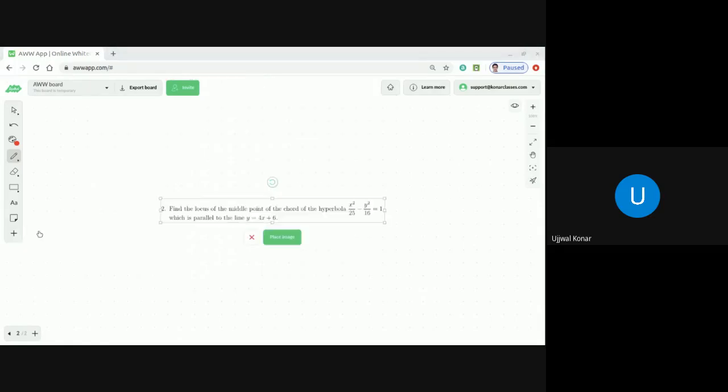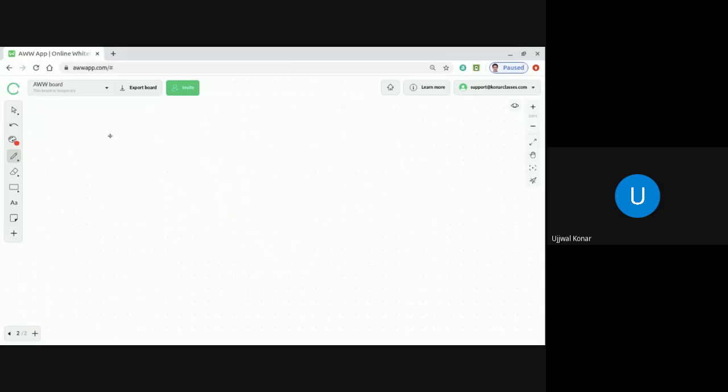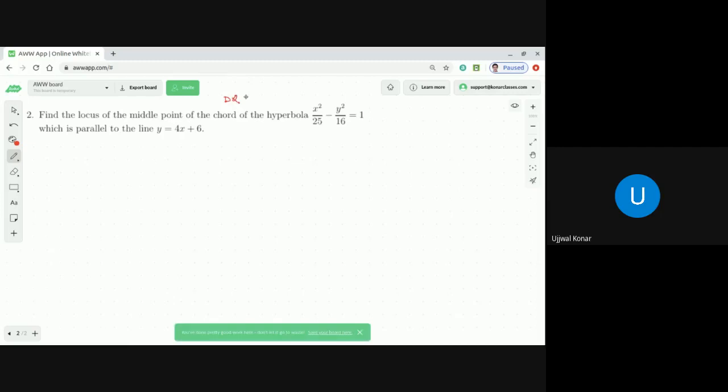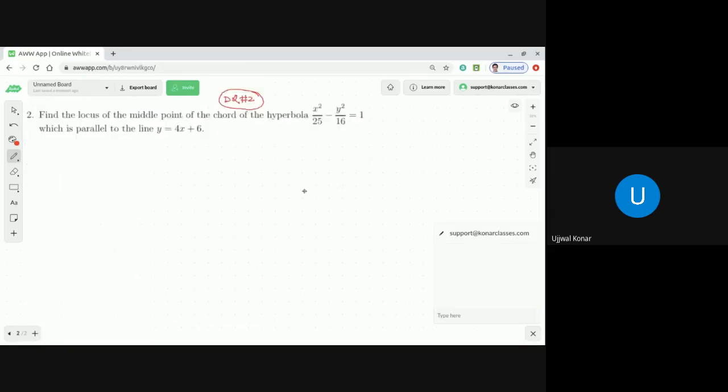The next question will be available to you in another few seconds. So this is descriptive question number 2. What is the locus you got, the required locus?